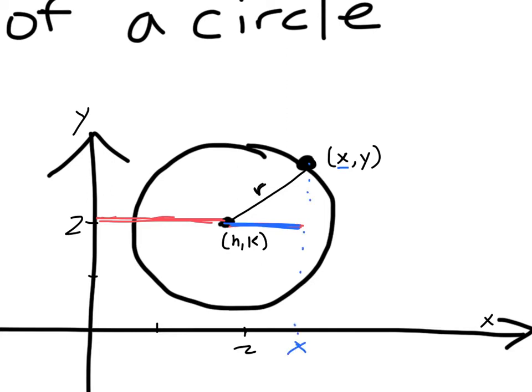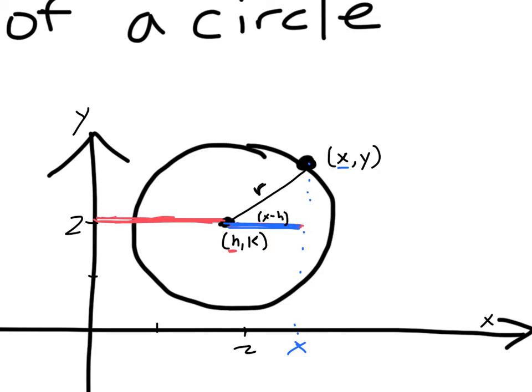But the blue area alone would be x minus h, because the distance of the red area is basically h. So this little spot right here is x minus h.